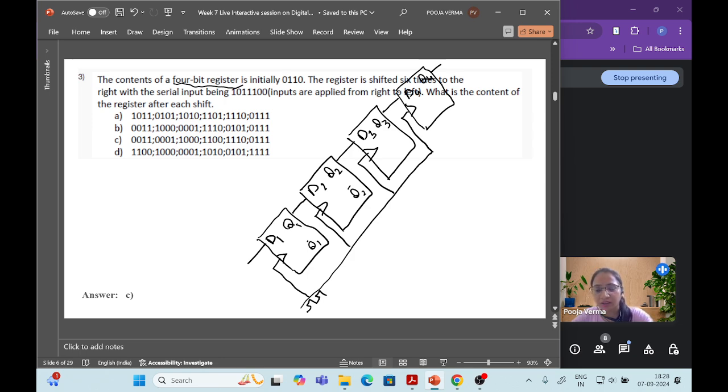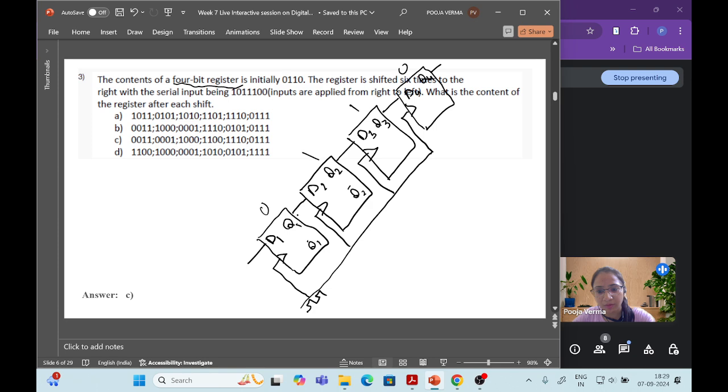So already here it is given that the content of a 4-bit register is initially 0 1 1 0. We can say that already it is stored in the flip-flops. So the register is shifted 6 times. We have to shift it 6 times to the right.